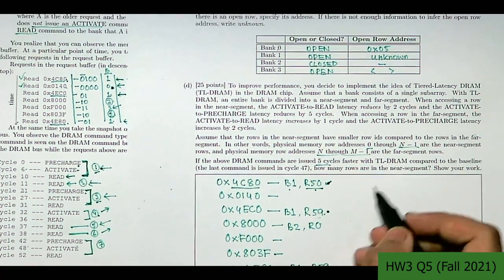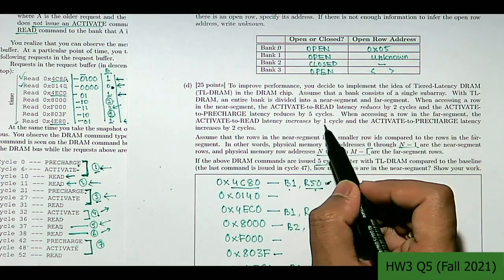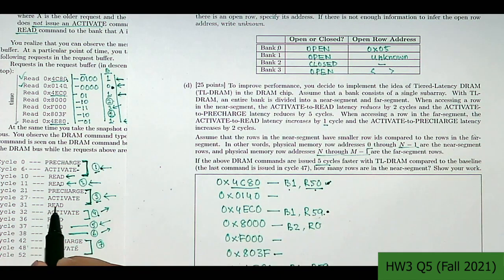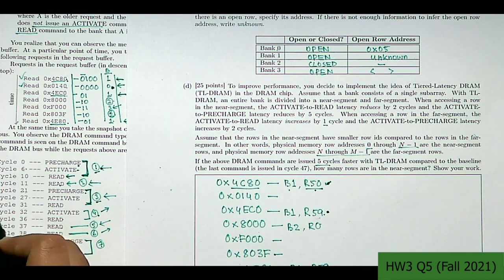So your activate to read will actually get penalized by how many cycles? Activate to read is increasing by 1 cycle. Make sense? So previously it was a 4-cycle latency. Now you have to charge 5 cycles. So now this will actually come to 27. Yeah, go ahead.